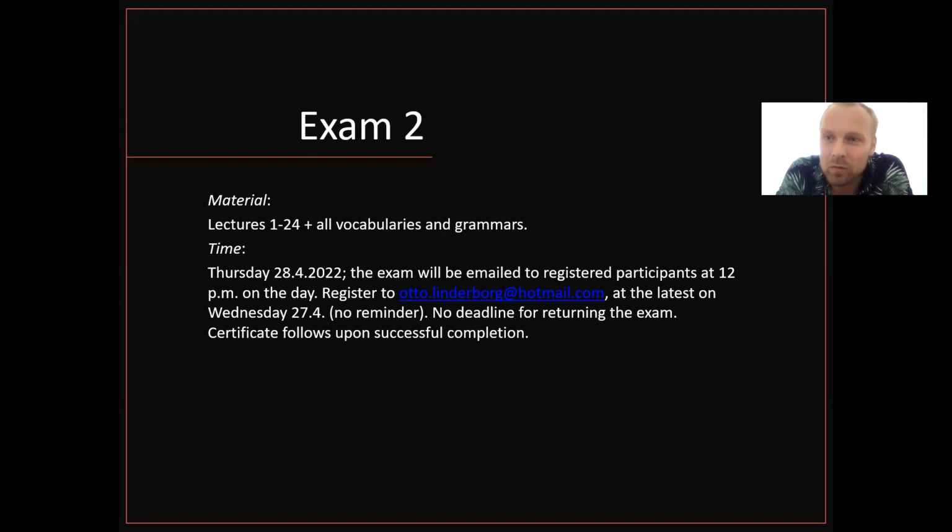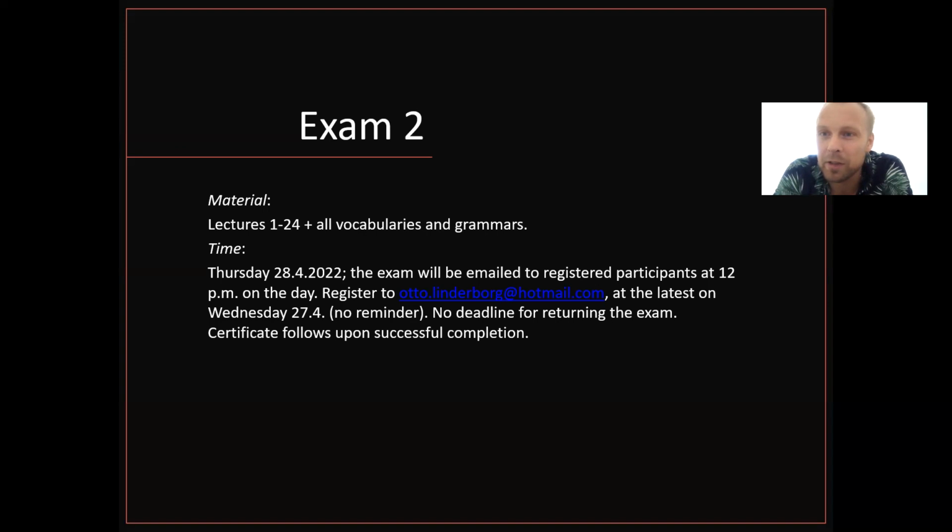And then, as with the last exam, there is no deadline for returning it, and you get a certificate once you pass both of these exams that are included in this course. And with this certificate, it should be possible, at least in some universities, in Scandinavian universities I know it's possible, but I don't know if the same applies, for instance, in British universities, to get credits also for completing this course, because this is a course which is equivalent to a 15 credit introductory course at the university level.